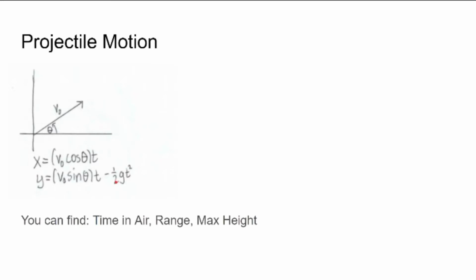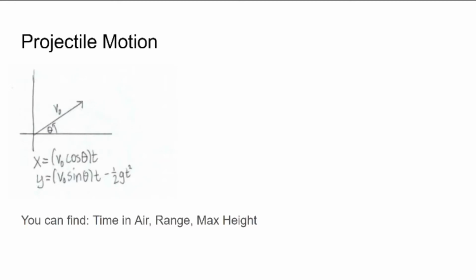And then when you combine these equations, you can find multiple values such as time in air, range, and max height. So for the time in air, you just have to figure out the second time that y is at 0. So obviously it'd be at 0 here, and then you find out the second time it's at 0, solve for that time, and that'd be the time in the air.